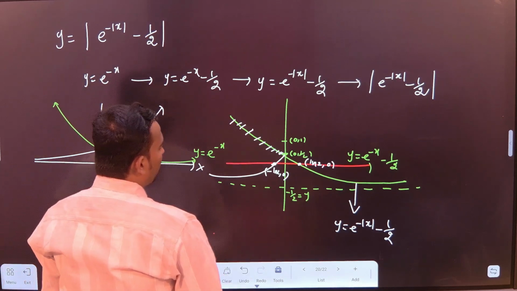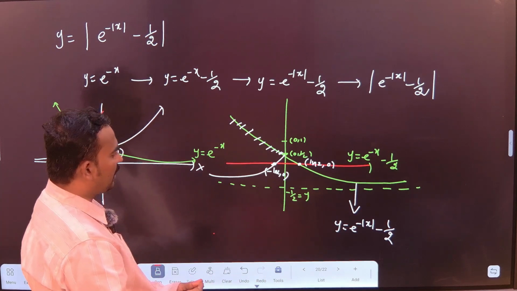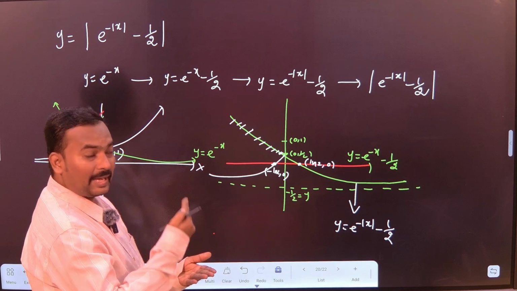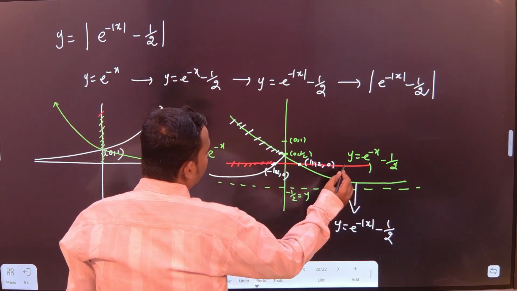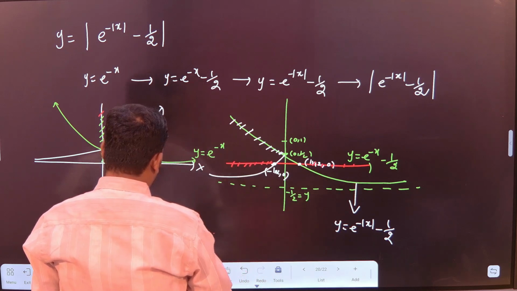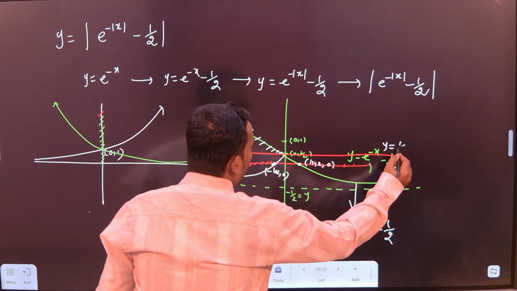Modulus job is whatever is below the x-axis, you have to shift it up. That means with respect to the x-axis, take the image, and it should go half units up only, right? You can see this is your y is equal to half.